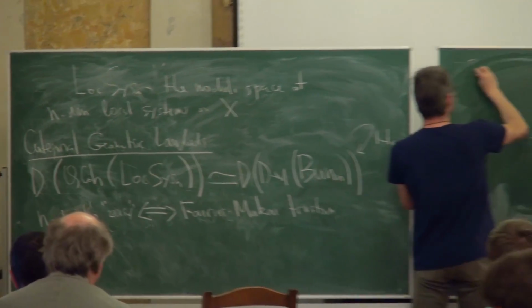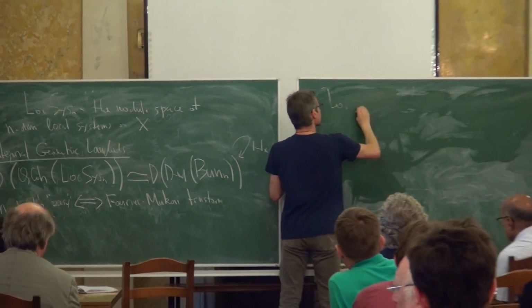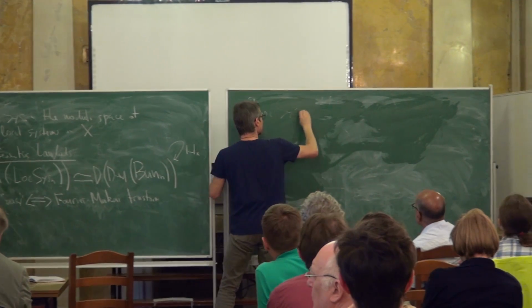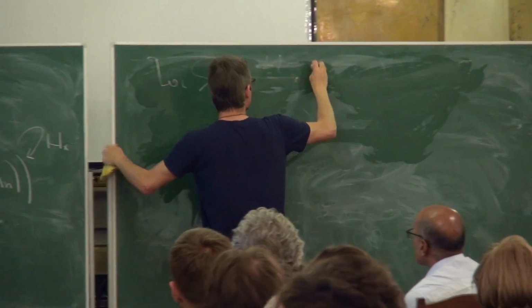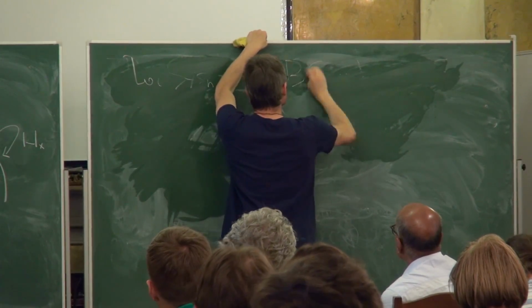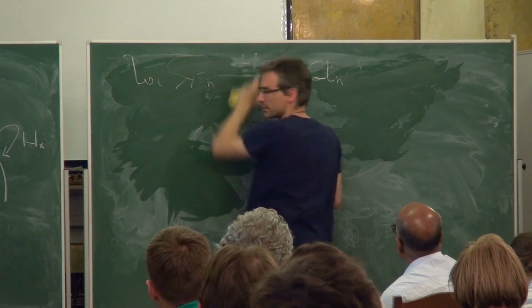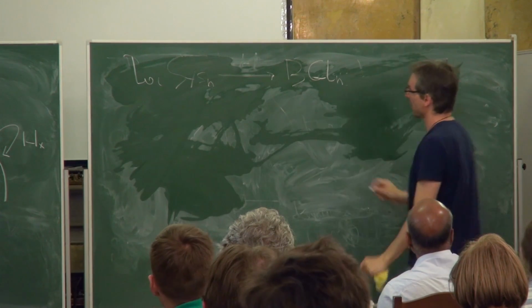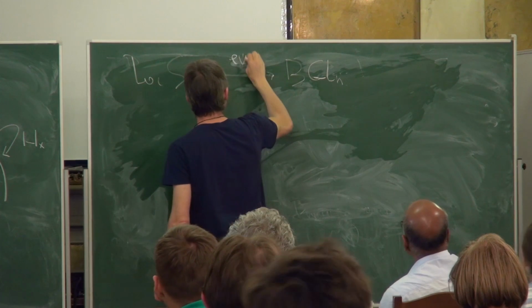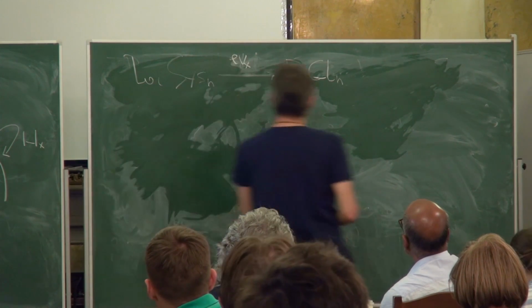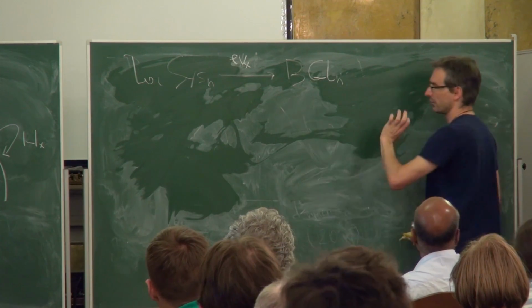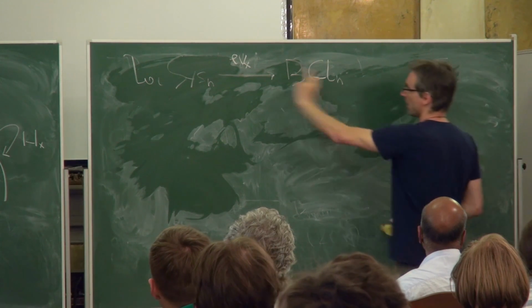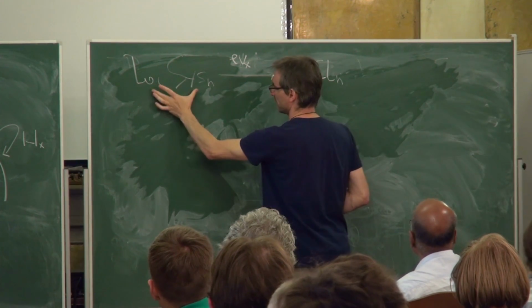For each point of the curve, there is a map from the stack of local systems to what we call the classifying stack of GLN. So you can take a local system and take its fiber at the point x. The classifying stack of GLN has a canonical vector bundle, the tautological bundle, and you can pull it back and obtain a vector bundle here.